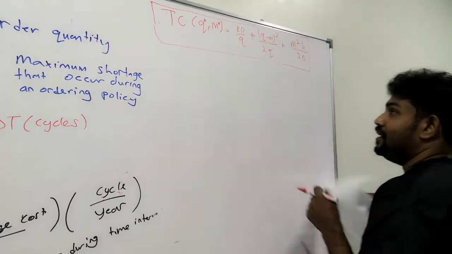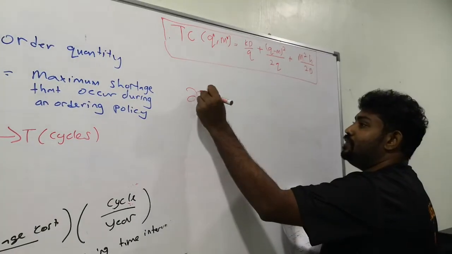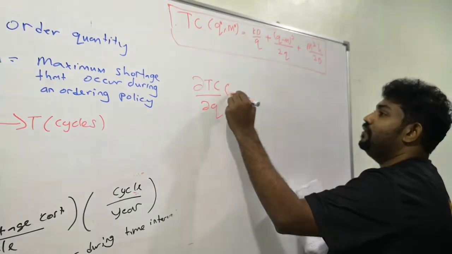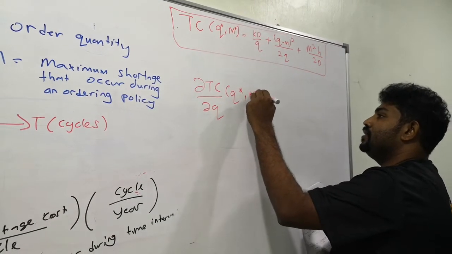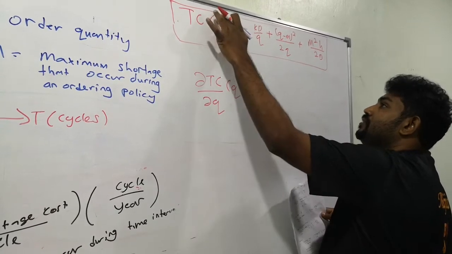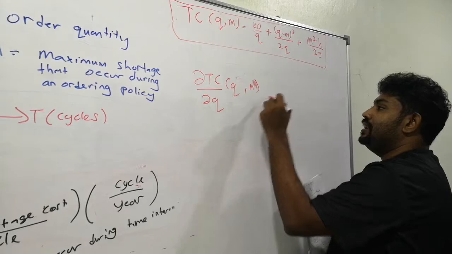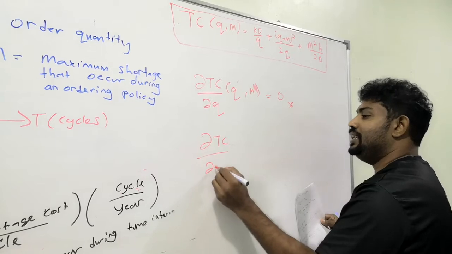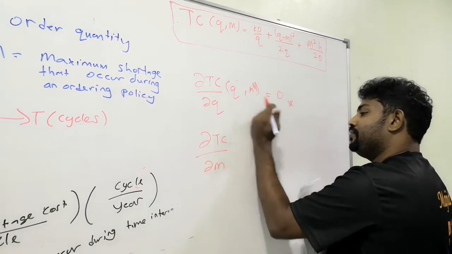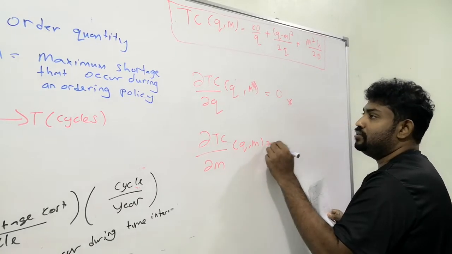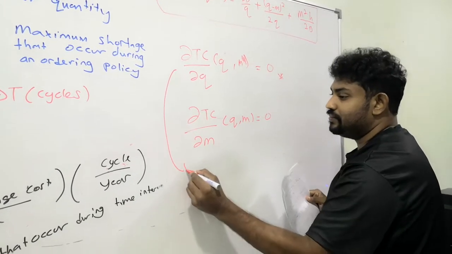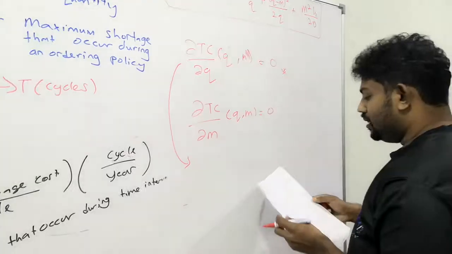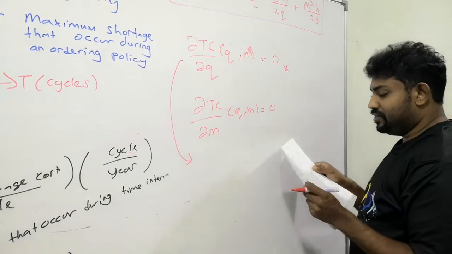We will differentiate respectively: dTC over dQ of Q and M equals 0, and also dTC over dM equals 0.